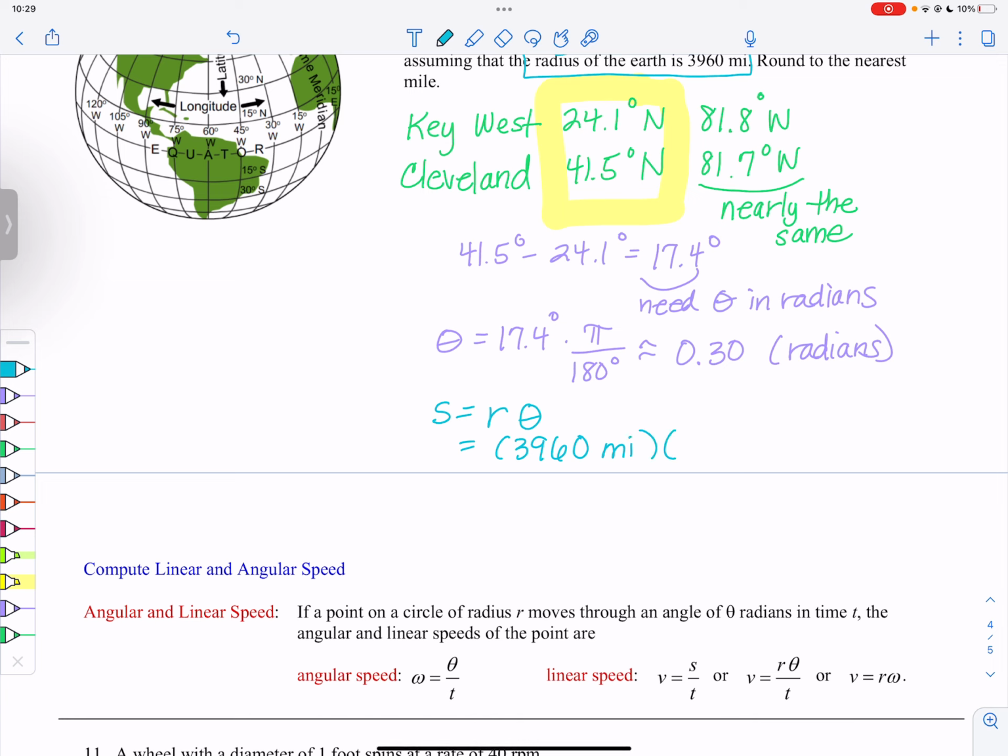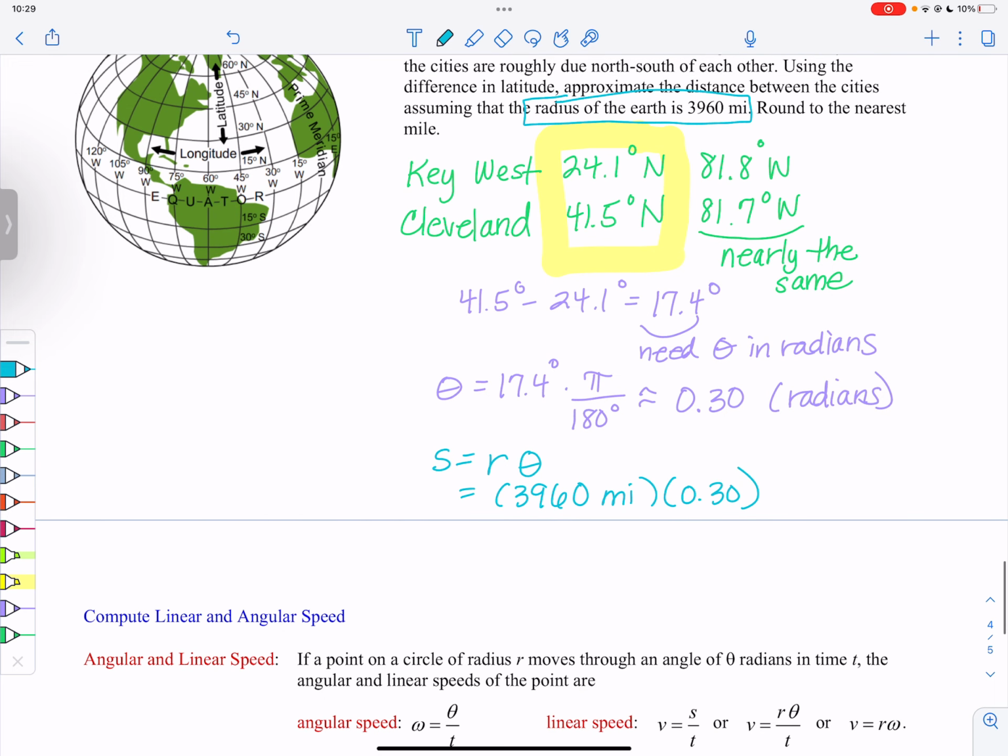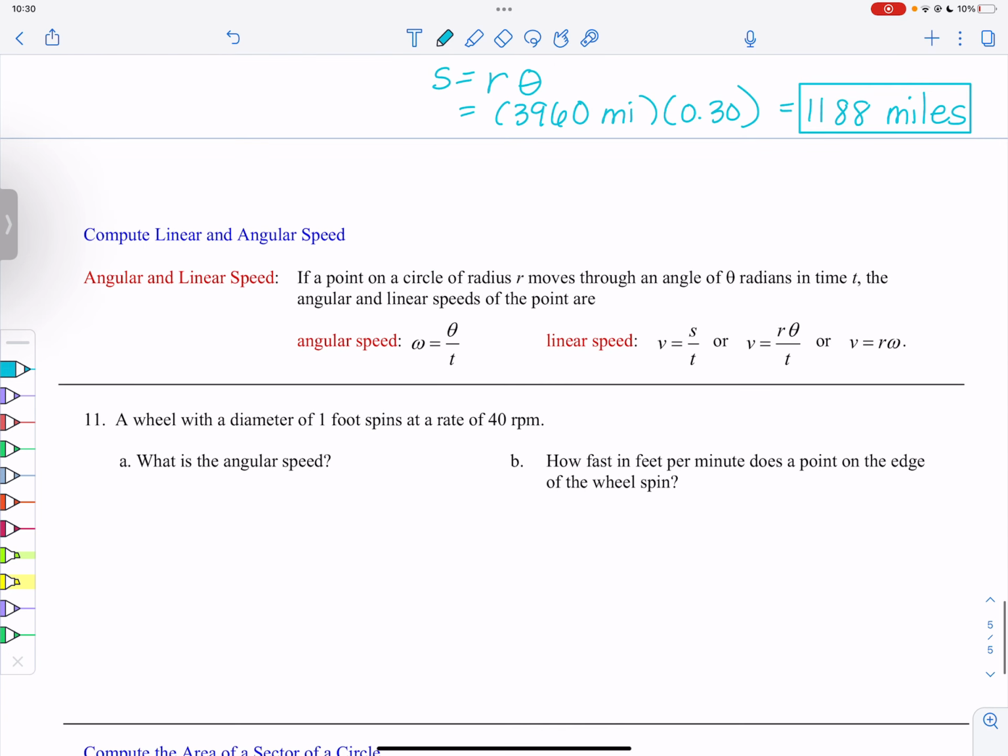And remember, theta is in radians with no units, and we have 1188 miles. So that was kind of a cool problem, and you'll have lots of practice with those, and I think that makes sense.